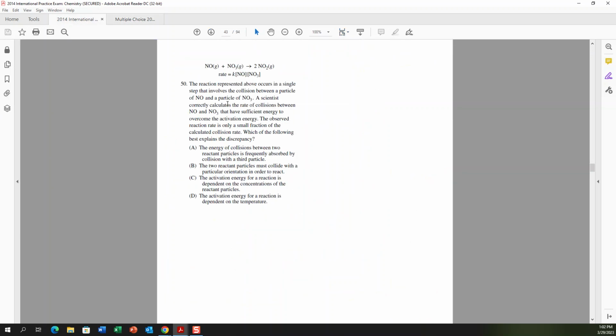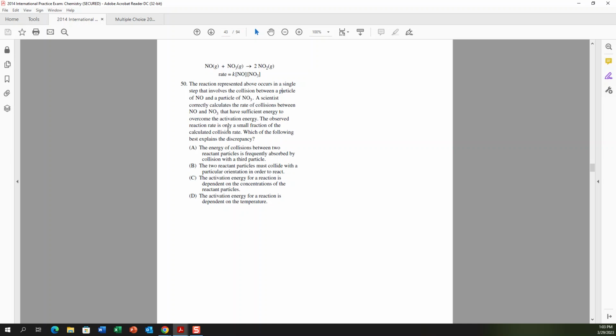Okay, last question. All right, so we have a reaction mechanism. The reaction represented above occurs in a single step, so it's an elementary step. So this is the mechanism. A scientist correctly calculates the rate of collisions between NO and NO3 that have sufficient energy to overcome the activation energy.